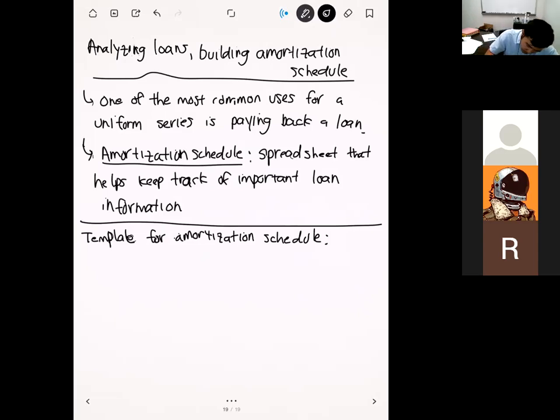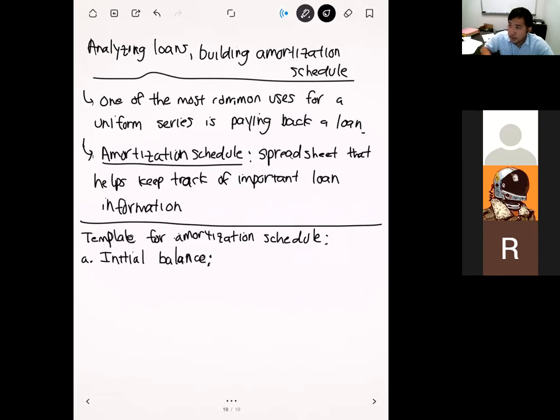The first piece of information is the initial balance. The initial balance is simply how much money you borrowed upfront.